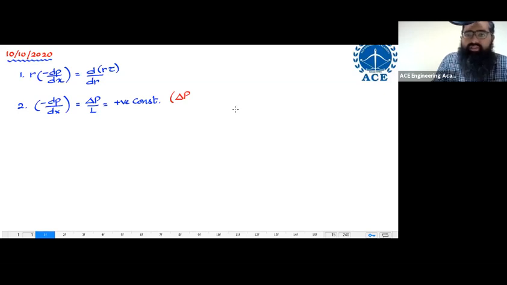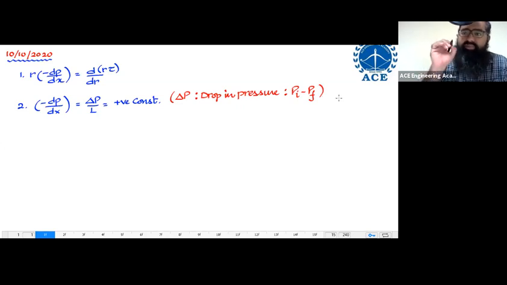Delta P represents drop in pressure. Drop in pressure basically means initial pressure minus final pressure. What would change be? Change is final minus initial, that we are not seeing. We are looking at drop because we have minus over here.